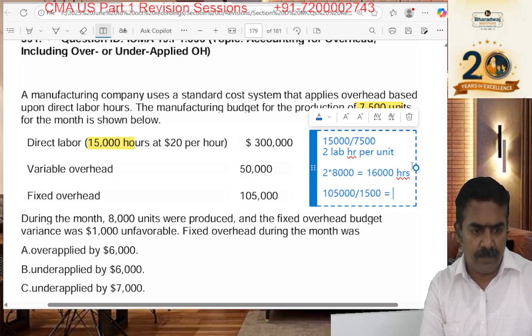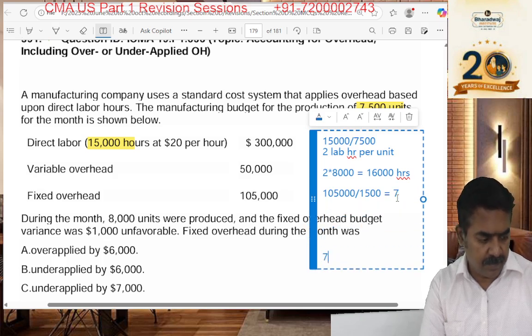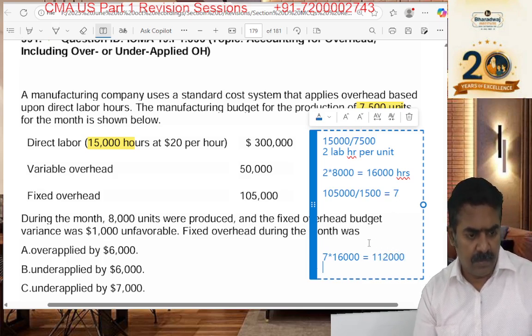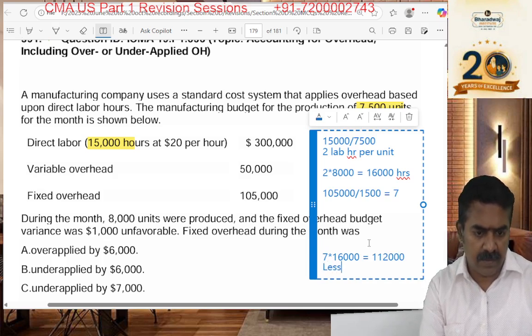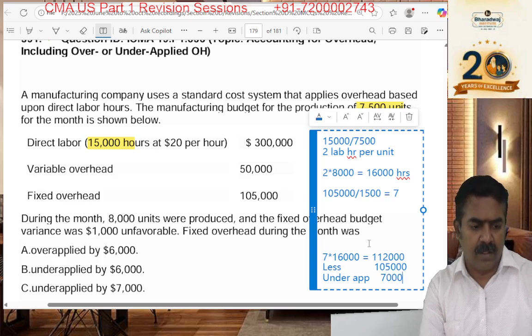Difference. 7 into 16,000, 1,12,000. Less 1,05,000. 7,000 under applied. Under applied is 7,000.